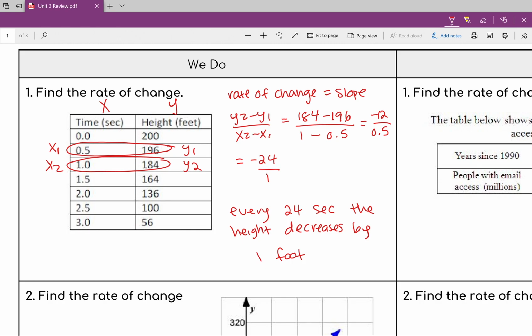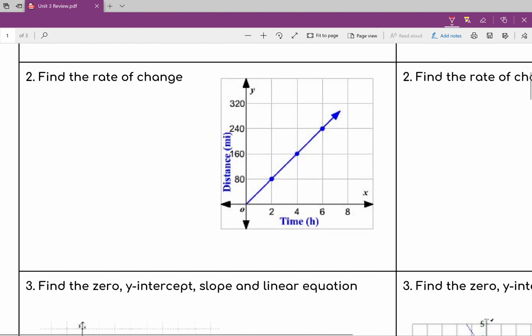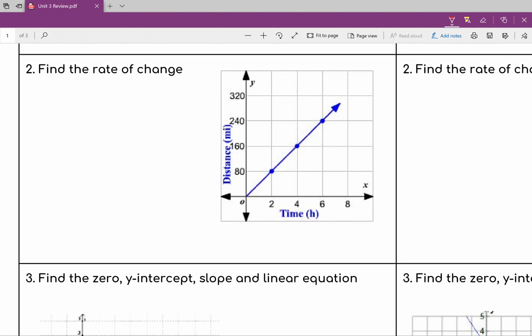Okay. Great. Now let's look at number 2, which is again a rate of change problem, except now we have a graph. So remember that rate of change is the same as slope. And to find the slope on a graph, we use rise over run. So I'm going to go ahead and use these 2 points right here. So if I go up 1, if I pay attention to what the units are on the y-axis, you'll see that it's going up by 80.